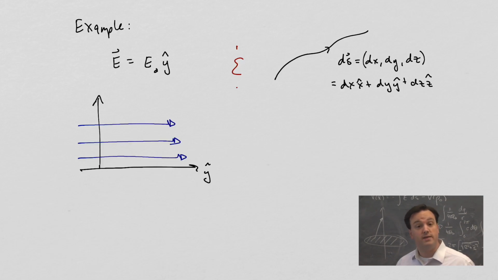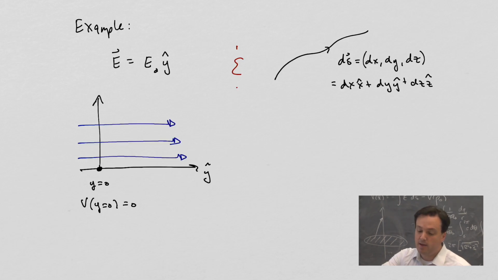There's no good place at any of the infinities, x, y, or z, to take the potential to vanish because the field has the same strength no matter where I look. And so I'm going to take the potential to vanish at some arbitrary point along the y-axis, which we might as well call y equals 0. So the potential at y equals 0 is going to be 0, and that's the reference point that I care about.